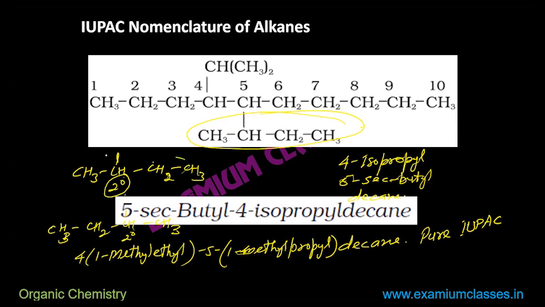Why are we calling this sec-butyl? Because the carbon which is making it the alkyl group is a 2-degree carbon. So 2-degree carbon means sec. This is not the name, it is just secondary carbon. But iso is the name given to this structure, CH3, CH, CH3.